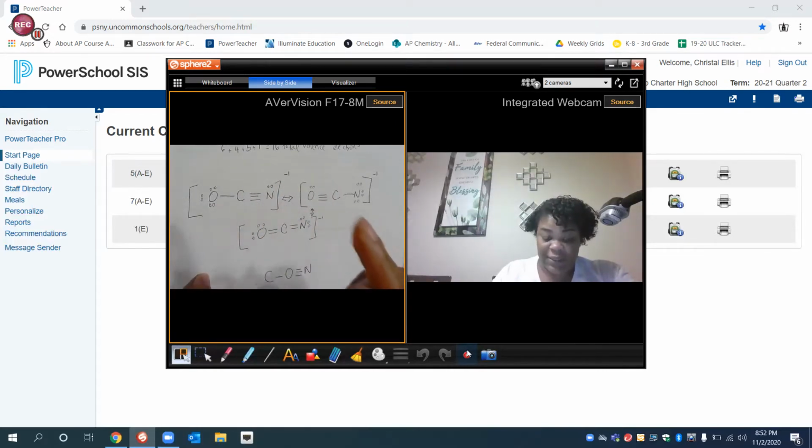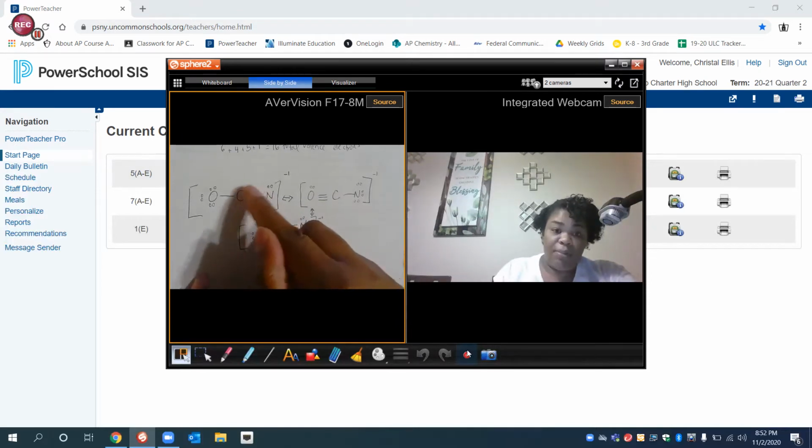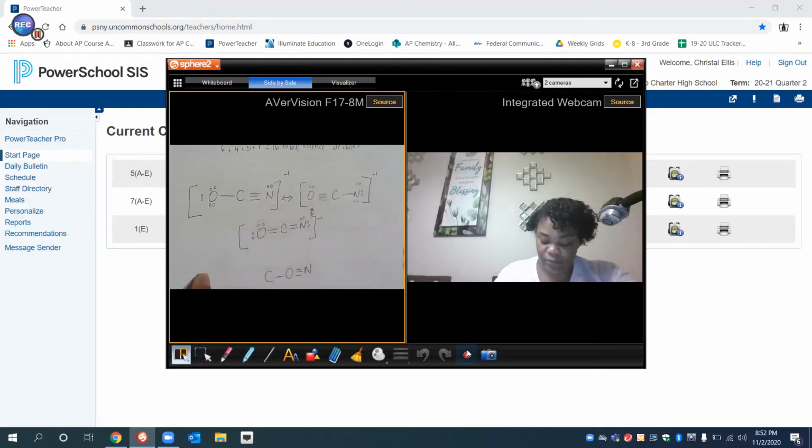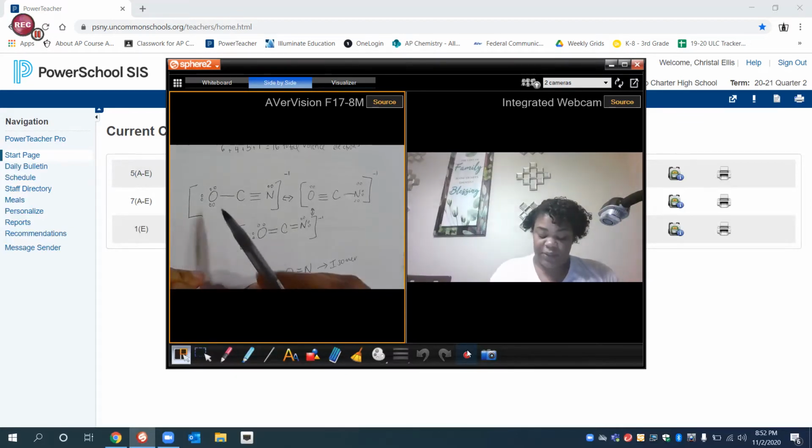The only thing that is different is the placement of the double bond and the single bond and the triple bonds, etc. This is called an isomer because we have the same chemical formula, O, C, and N, but it does not have the same sequencing of the atoms. If this was supposed to have resonance, it should have started with O and then C, then N. I hope that makes sense.